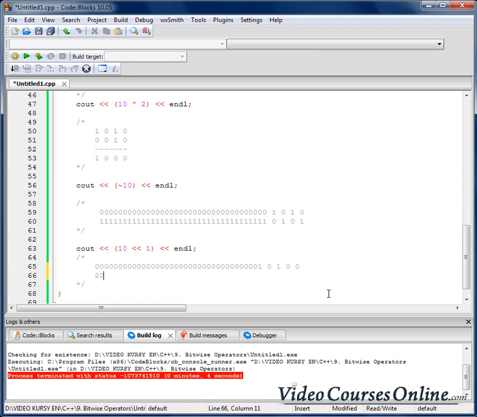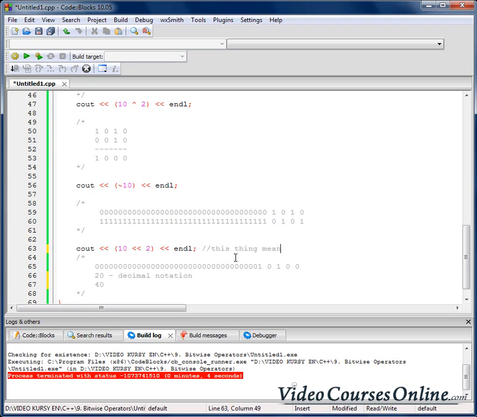So the result will be 20 in decimal notation. And if I did something like that, I would have the bits shifted to the left one more time, and we would have 40 here because we would multiply by 2 again.